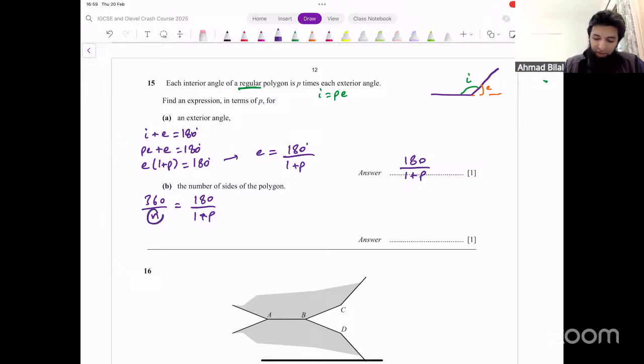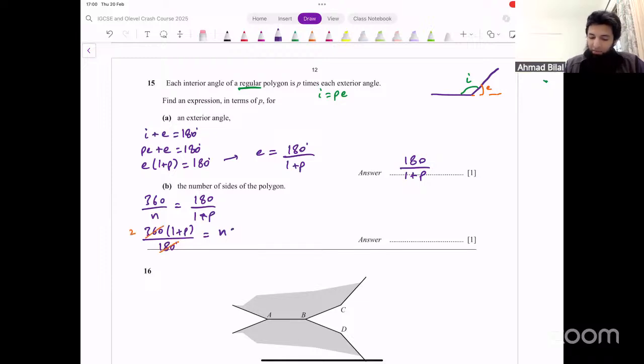How do you find the value of n from this? You can cross multiply, and that will give you 360 times 1 plus p divided by 180, and I can take n to the other side. 360 and 180 get cancelled, and you have 2 left here.